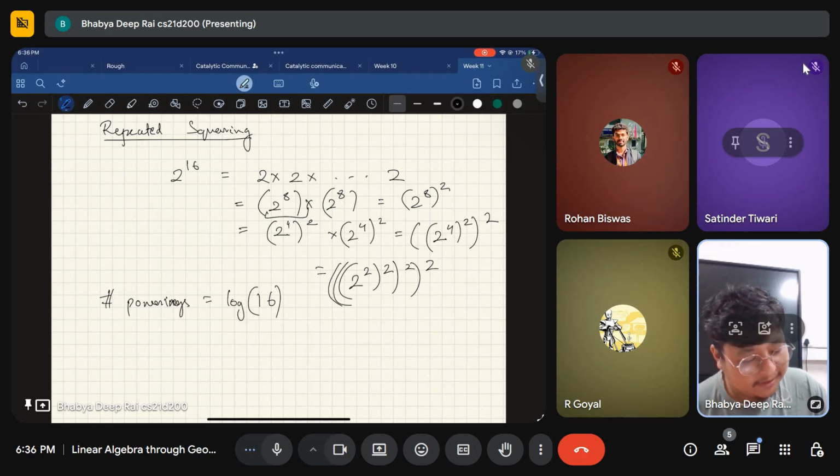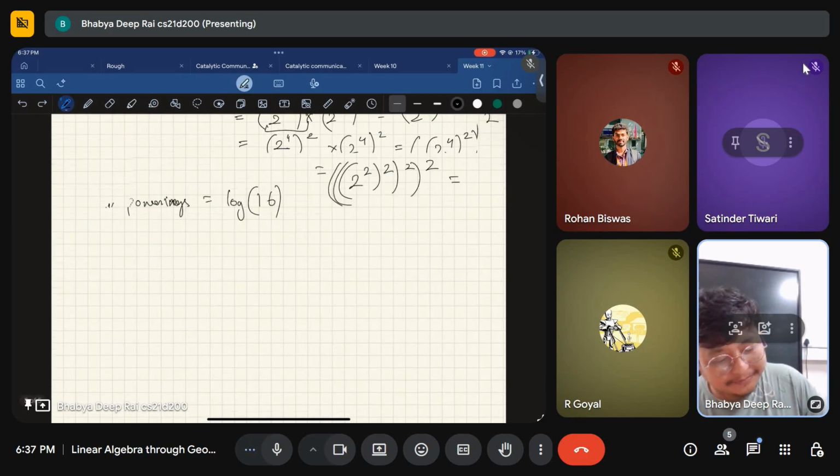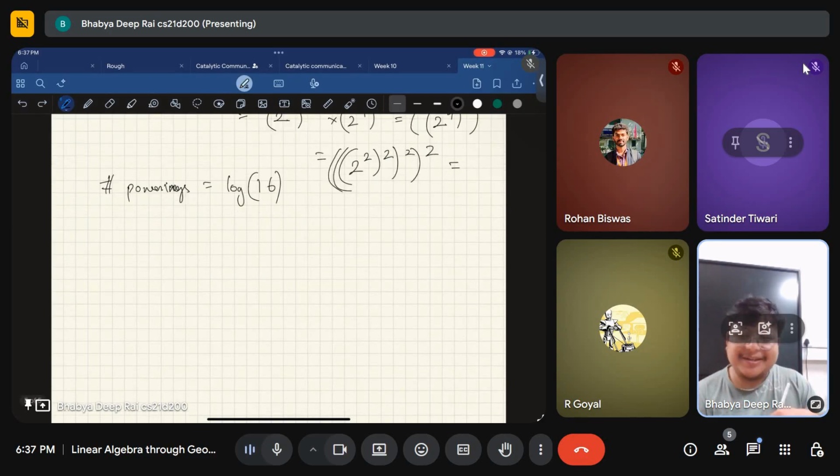So the idea is you do 2 squared, you get 4, then you square that again and get 16, then you square that again and get 256, and so on. That is the idea, and this is the same idea that we'll use in matrices.